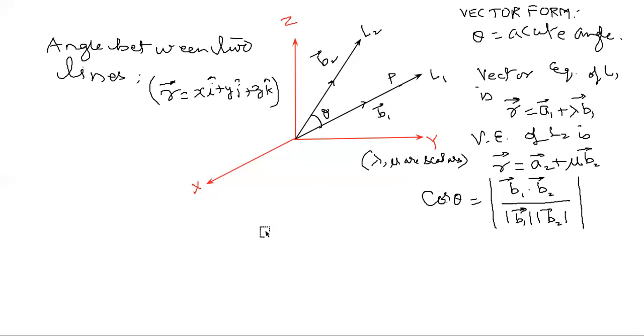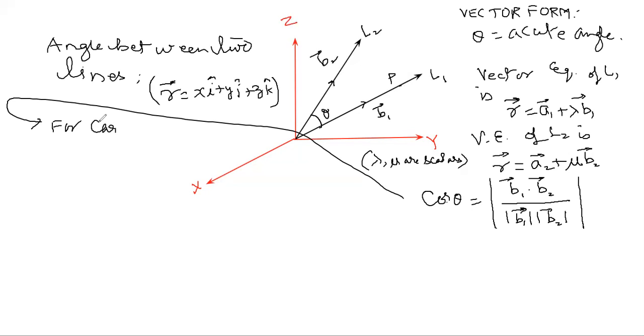You know how to find B1 and B2. Now for the Cartesian form, the equations will be given.